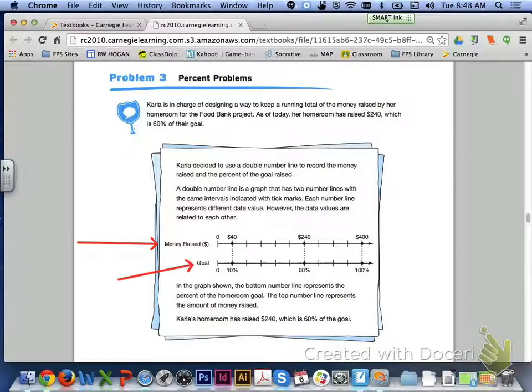Carla's homeroom has raised $240, which is 60% of their goal. You can see that indicated right here. So we are going to be creating some double number lines of our own to represent the goals of some other 6th grade homerooms.